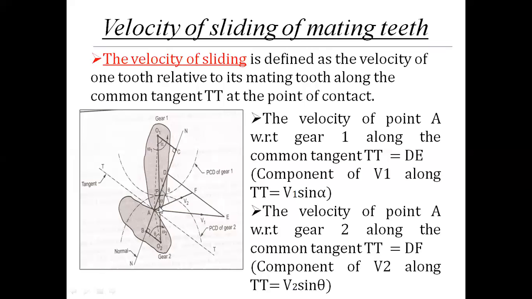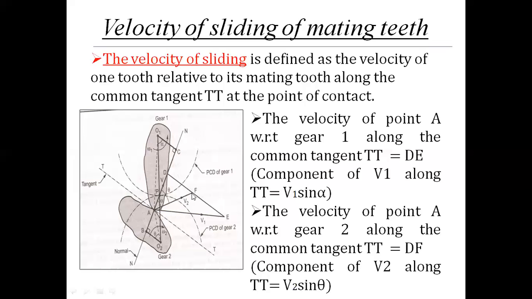So I am considering the sine relationship, the trigonometric relation: sine theta is equal to DF divided by V2, the opposite side divided by the hypotenuse.